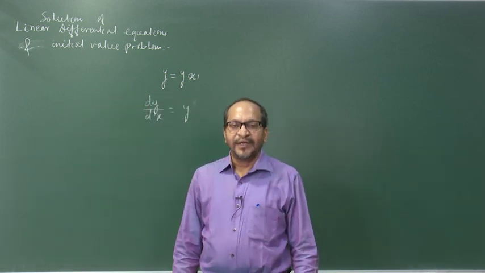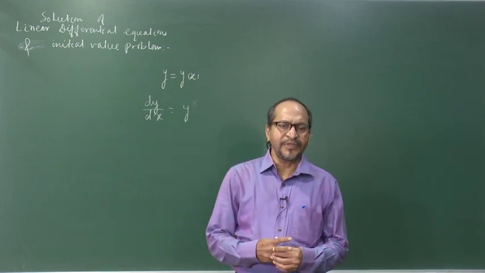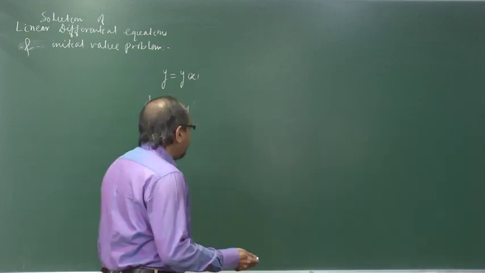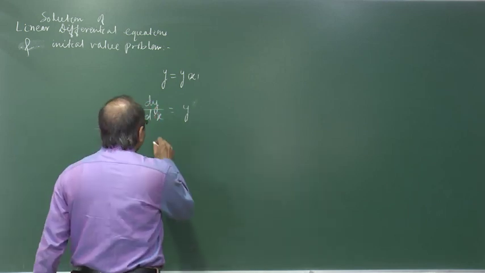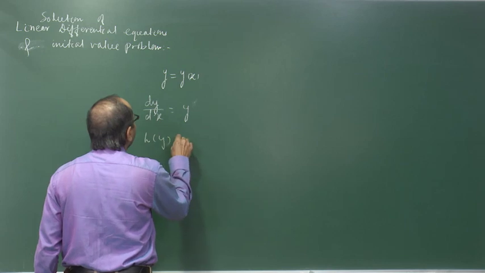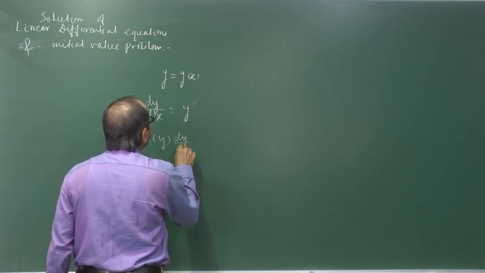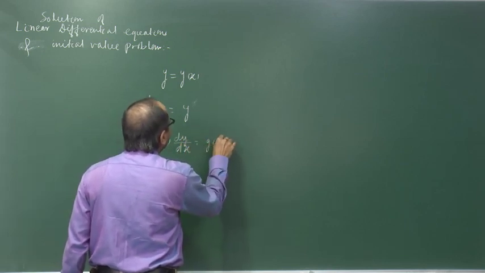In this, the very simplest type of equation is one in the form h of y dy by dx is equal to g of x.